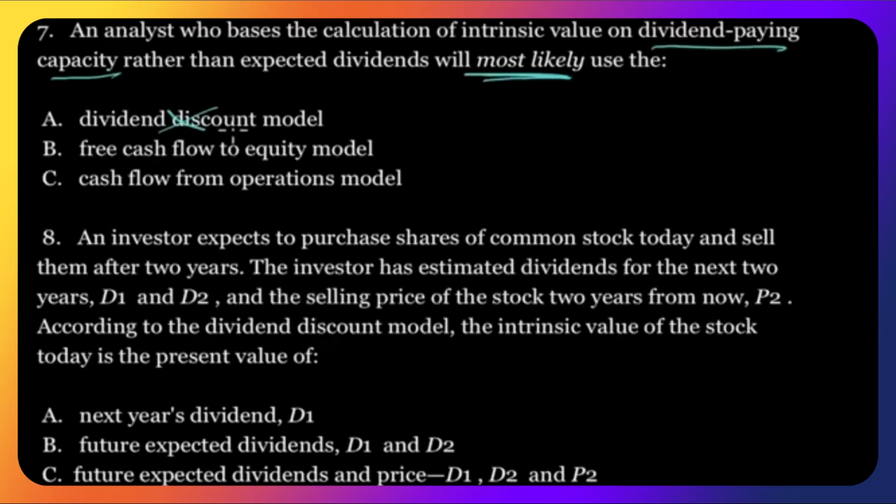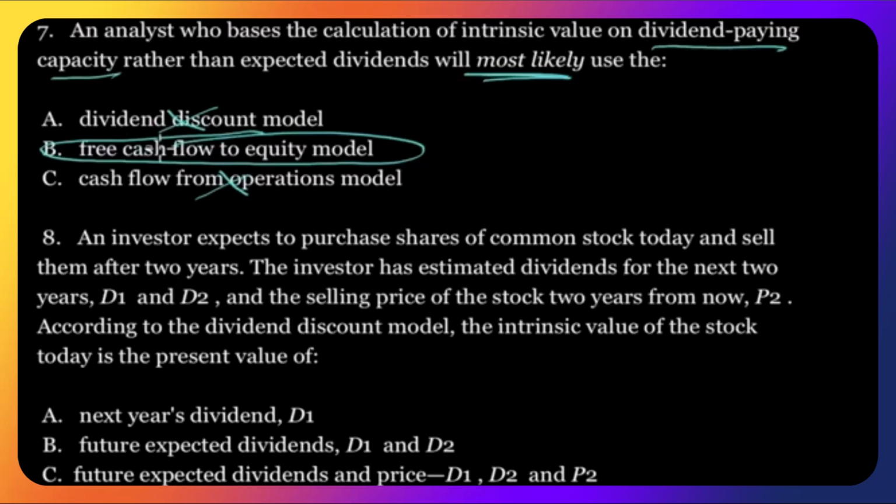We're being told basically we're using that rather than expected dividends, so we're not using that. There is no cash flow from operations model. It's only free cash flow to equity. And the reading has a sentence saying that free cash flow is more of a measure of the capacity to pay dividends. So for a company that does not pay dividends, we would use free cash flow to equity as a proxy for their capacity to pay dividends.